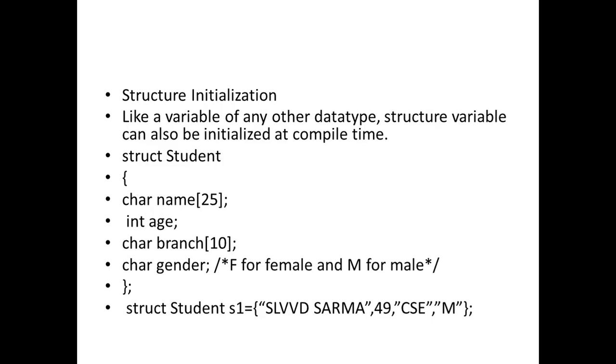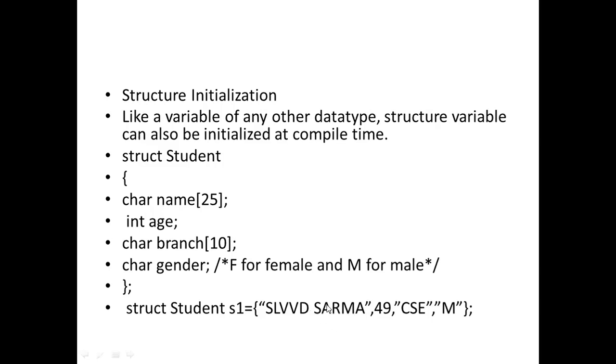Now here I'm going to create one structure variable of student, variable name s1: struct student s1 equal, it is called an assignment operator, and we have four members: name, age, branch, and gender. Now here the name I'm going to specify as SLVD Sharma.